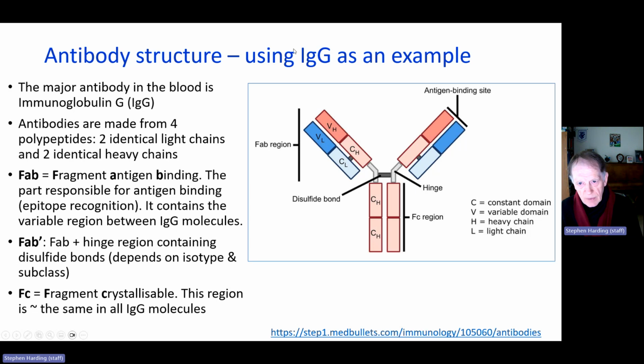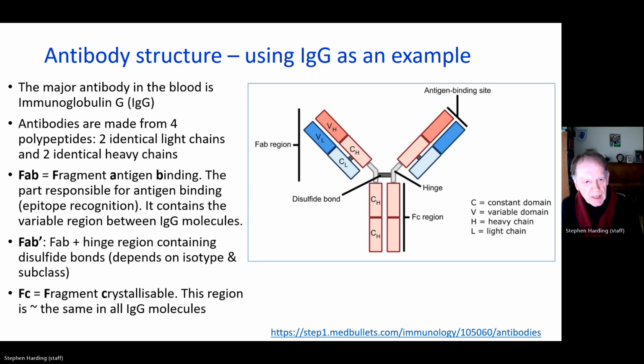And we have 2 Fab regions, fragments, and 1 Fc region, fragment, in an IgG molecule. It might vary with different classes, particularly IgA and IgM, but that's the basic IgG structure.